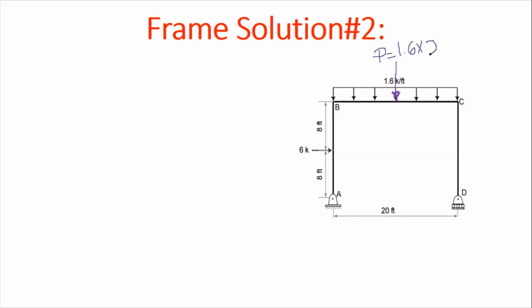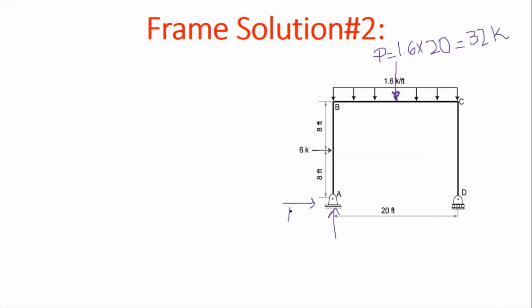So the feet cancel and we will get 1.6 into 20, which is coming out to be 32. So it will be 32 kip.